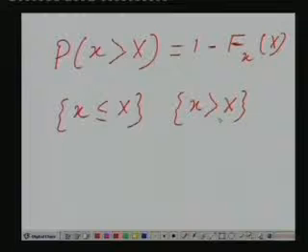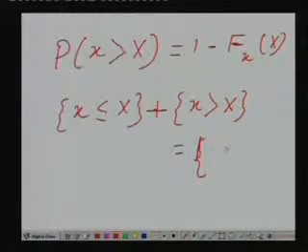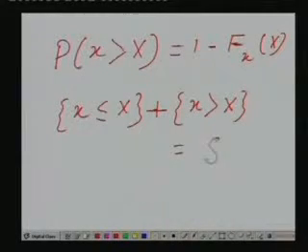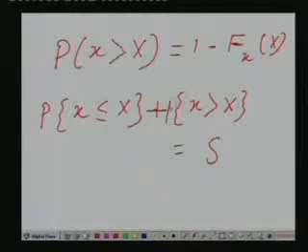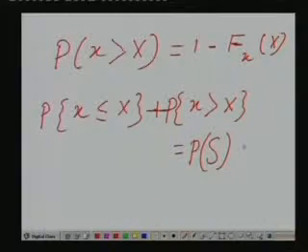And this means the total set, say S, and since they are mutually exclusive and since the probability of this total set is 1, that means P of these and P of these, added, equal this, because they are mutually exclusive.